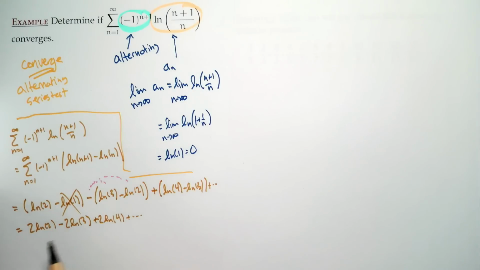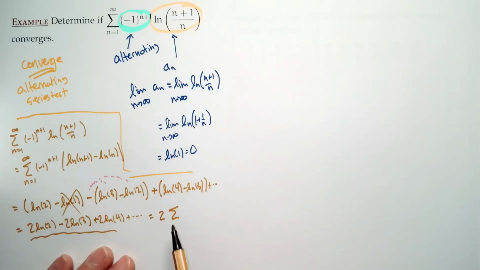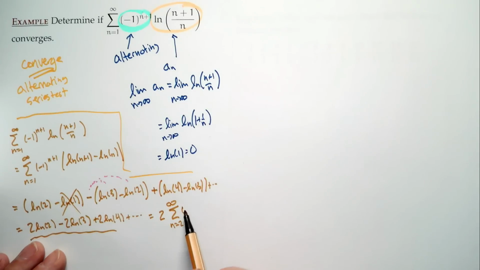This sum right here, is it converging or is it diverging? If you actually write down what it is, the 2 comes out, and you get the sum from n equals 2 to infinity of minus 1 to the n log of n. Does this converge or does this diverge?